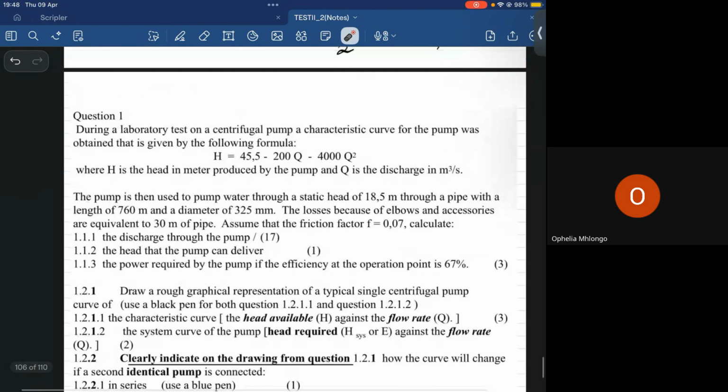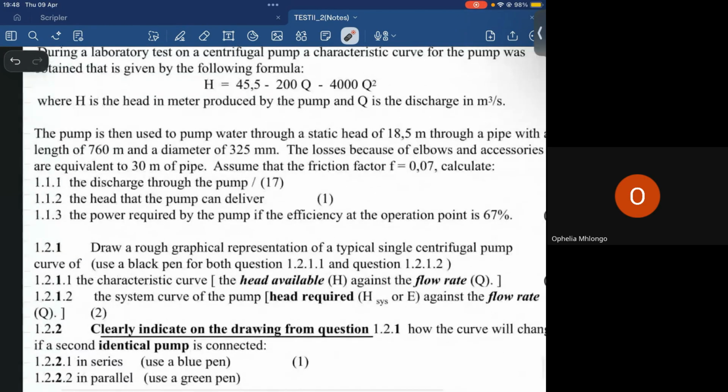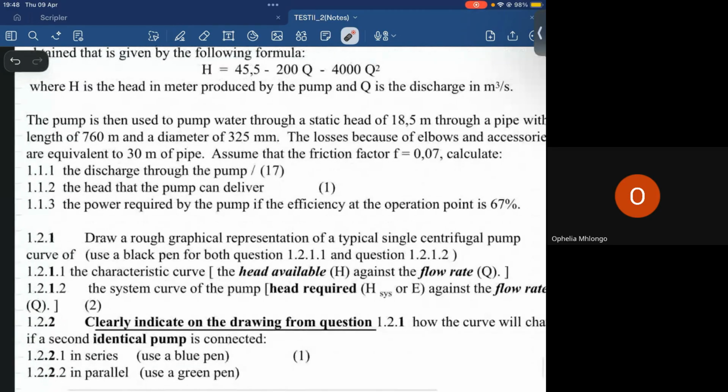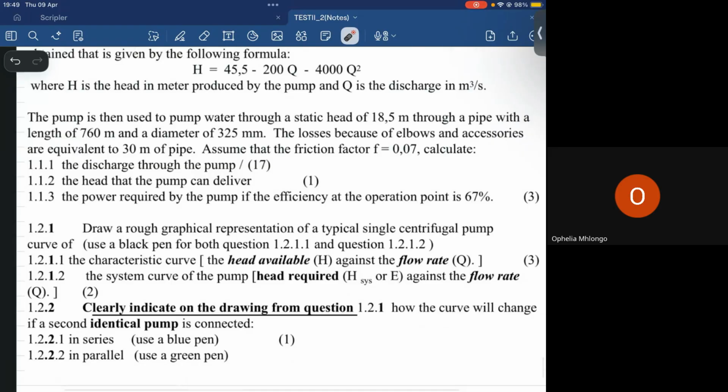Remember, the total length of the pipe is given by the length of the straight pieces of the pipe, plus the length of the pipe fittings, which include the elbows and accessories.